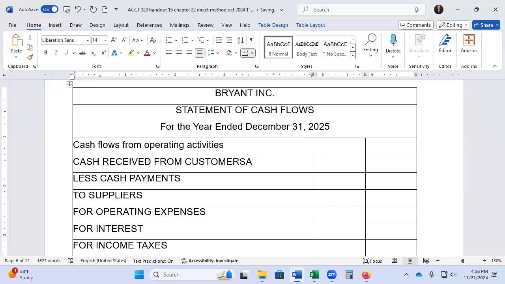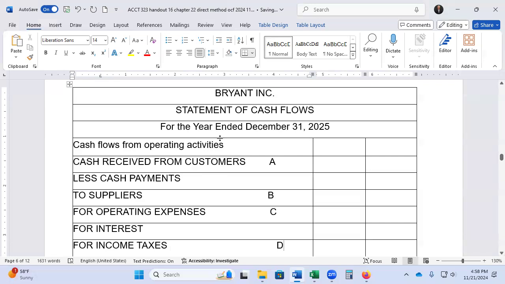We're going to put little letters in here: A, B, C, and D.